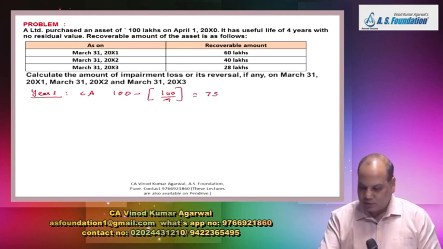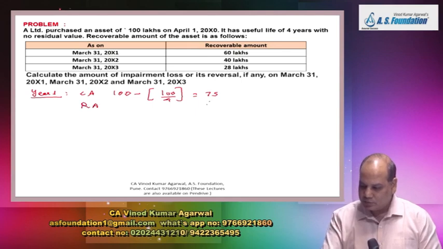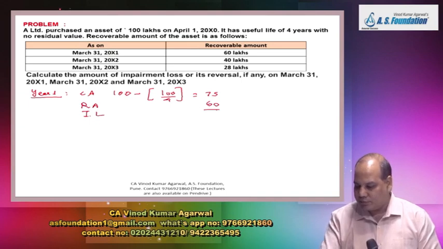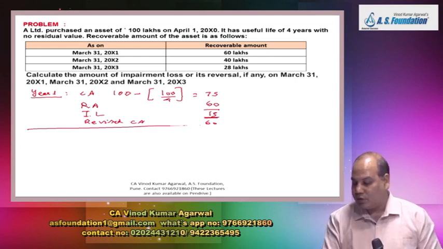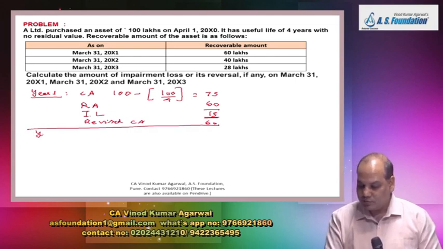Is it 75 lakh? And what is recoverable amount? 60. So impairment loss of 15. So revised carrying amount is 60. And number of years remaining are 3.